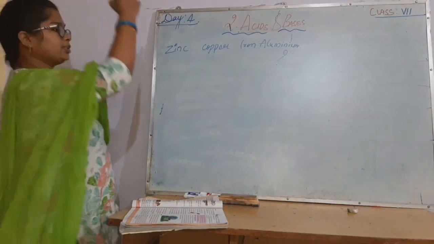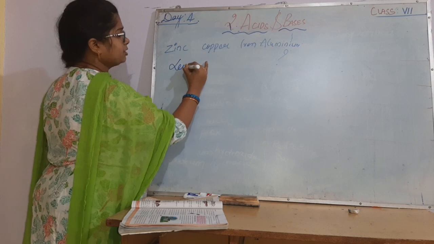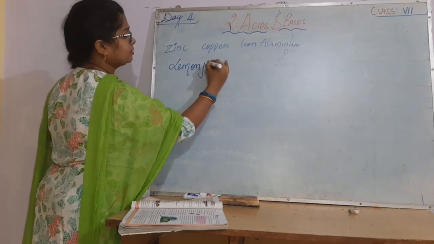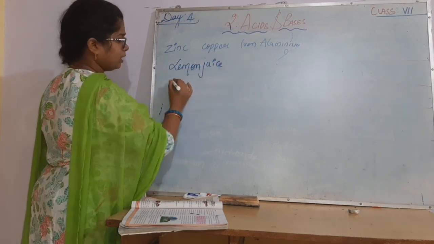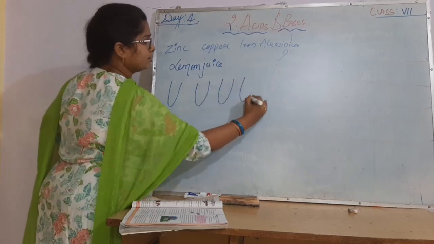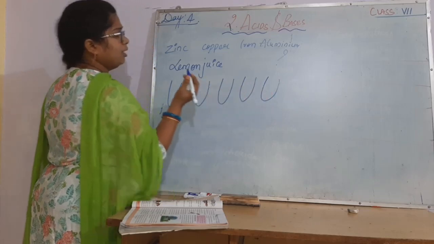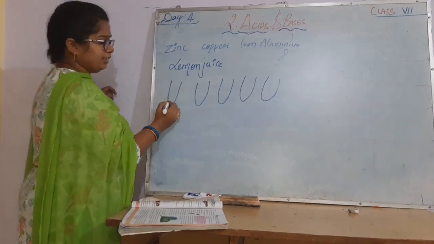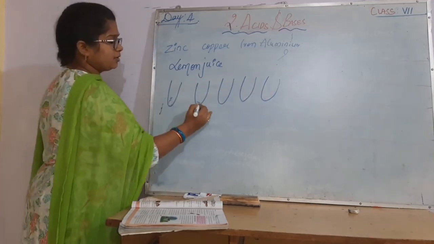So take a natural acid, say lemon juice. In six test tubes you take, you add a little bit of zinc crystals and lemon juice.